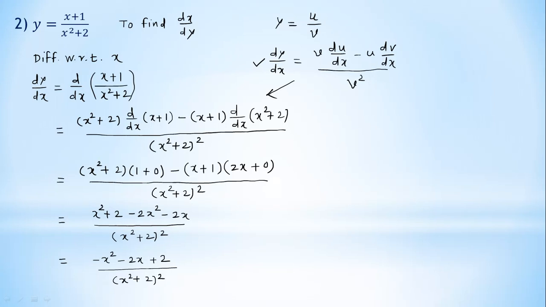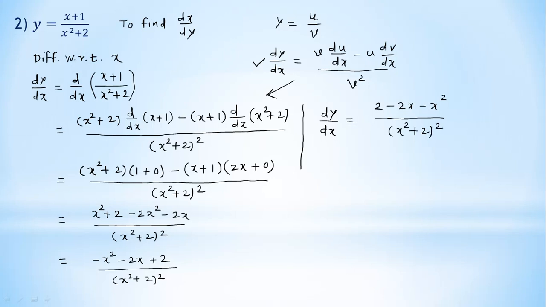So minus x square minus 2x plus 2 upon x square plus 2 bracket square. Hence we get dy by dx is equal to, you can rewrite this as 2 minus 2x minus x square upon x square plus 2 bracket square.